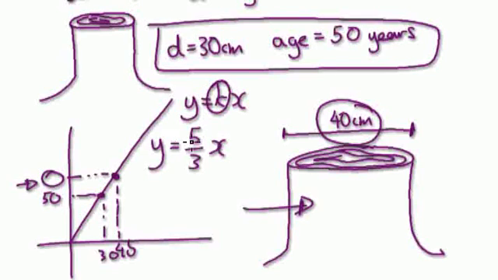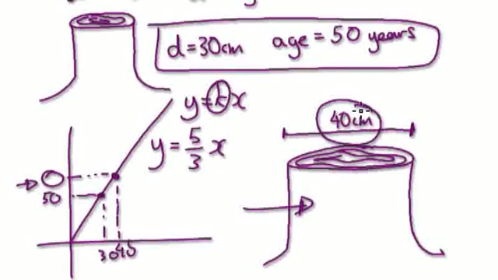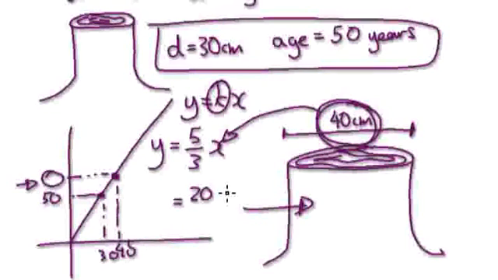We've got the formula already, so let's put this diameter into this x. If we want to know y when x is 40, then just put the 40 into the x. So it will be 5 times 40, which is 5 times 4 is 20, and then the 0, over 3. So the age of this tree is 200 over 3, whatever that is. Get your calculator out or whatever. So the age of that tree is given by this.